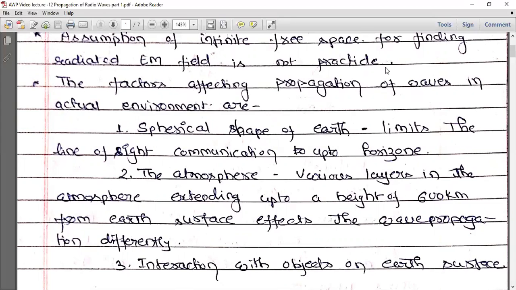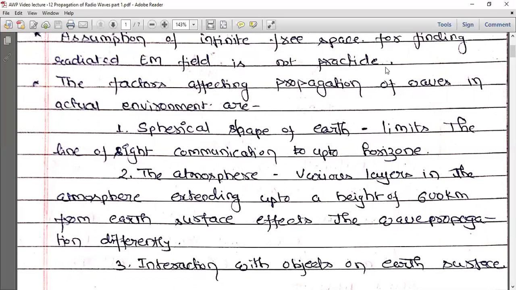But in a practical situation, the transmitting and receiving antennas both will be situated on the Earth's surface, and the Earth's surface is not a planar surface, rather it is spherical. Therefore the direct path from transmitter to receiver, as we consider from the origin to point P, is not always available, especially when the distance between the two antennas is more than the horizon, beyond which there will be no line of sight path available.